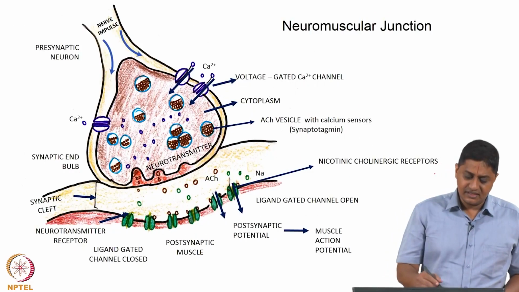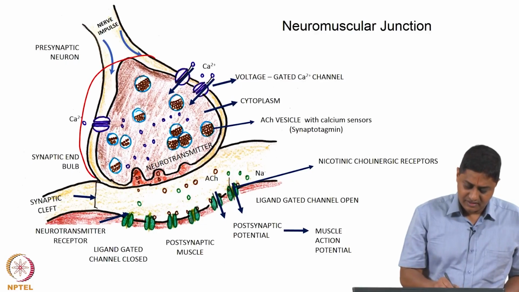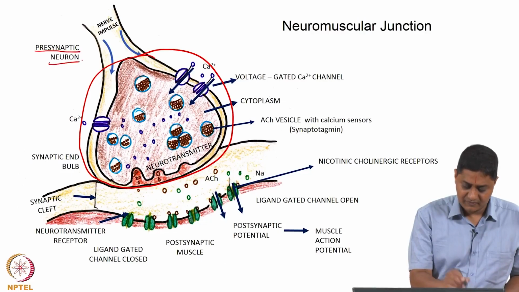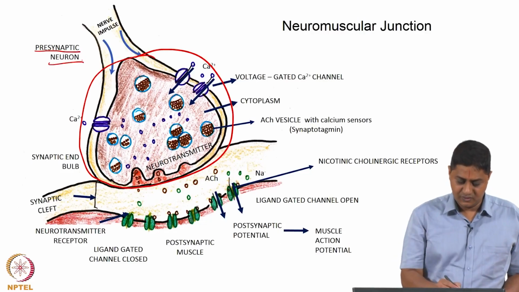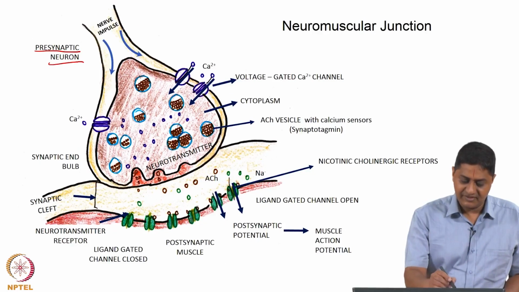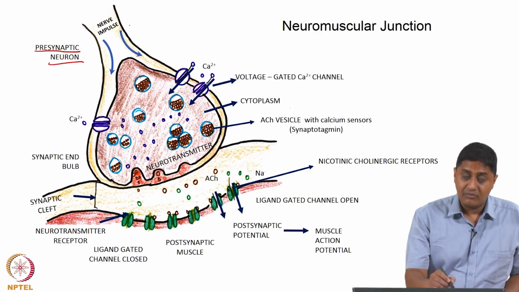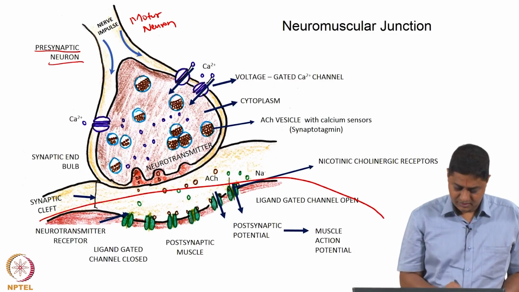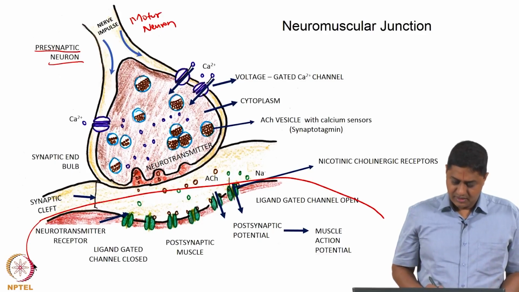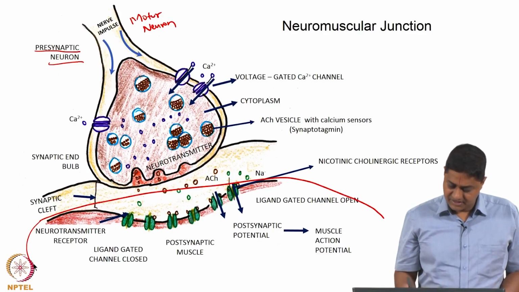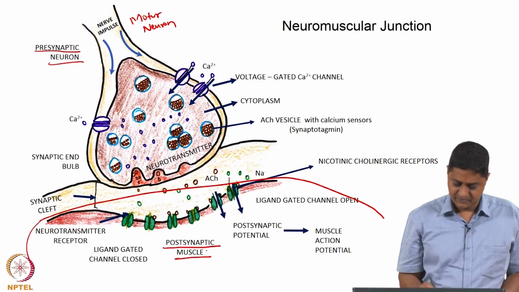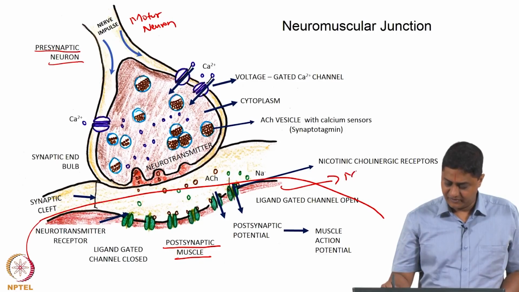So, let us consider this part of the picture as the presynaptic neuron, okay. So, this is the presynaptic neuron or the motor neuron, and that side of the picture shown here is the muscle fiber, okay, or the postsynaptic muscle fiber side.